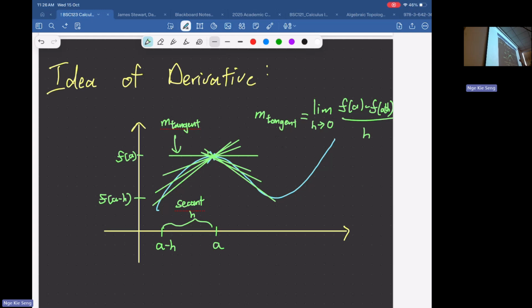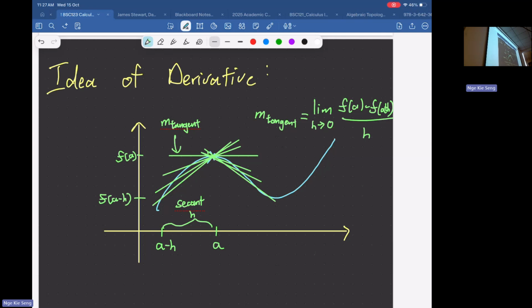Why? Because this function is not defined at 0. If you substitute h equal to 0, you are dividing by 0. It's not defined, but the limit is. That's what we want. We don't want to evaluate at h equal to 0, but the limit is good.